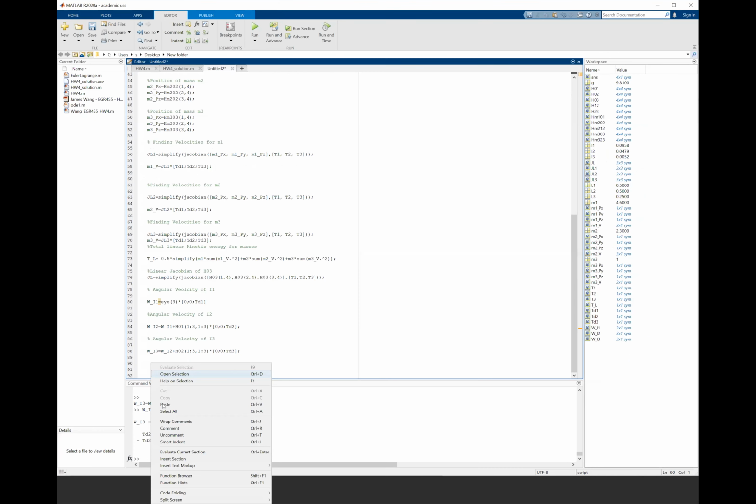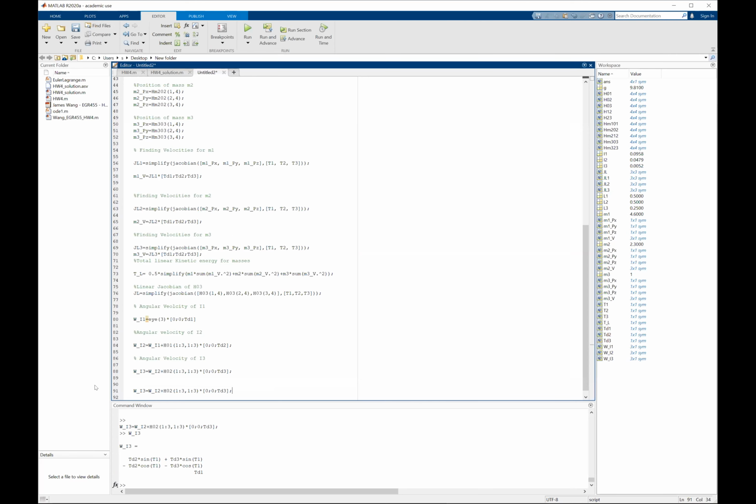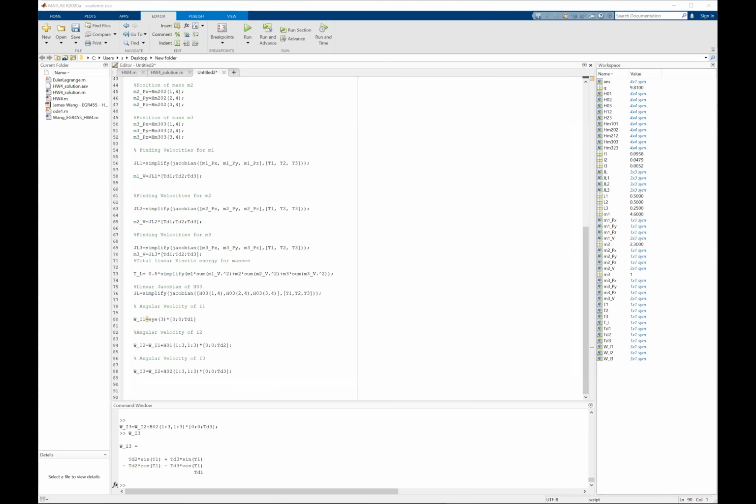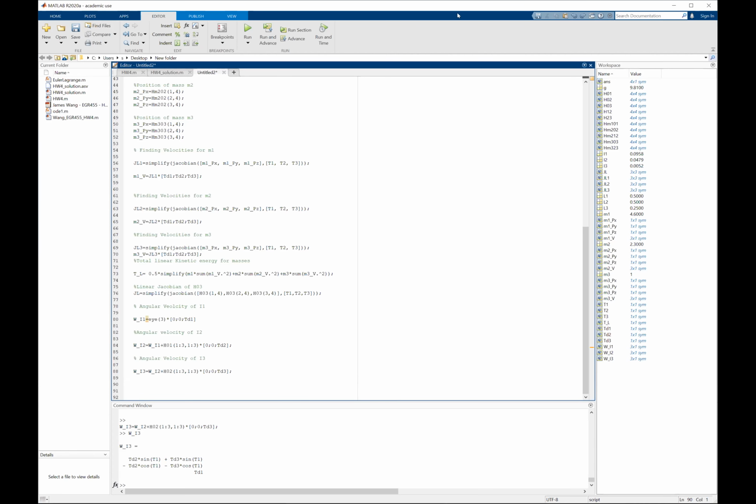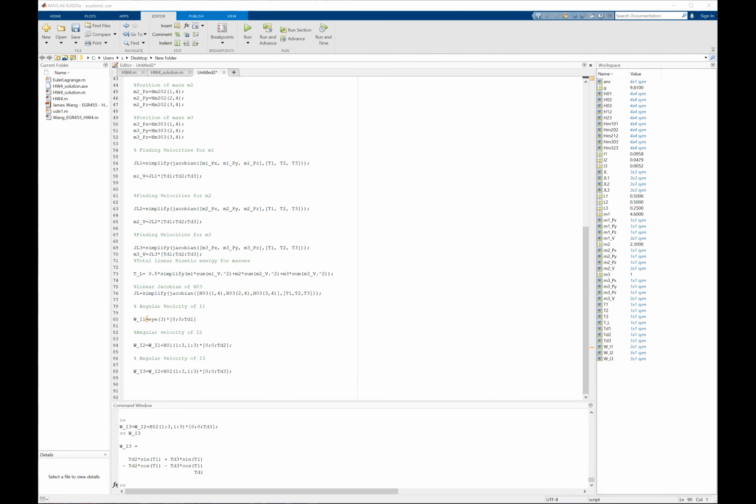I did not use this command earlier, but now I'm going to introduce it. When you use this command, equationsToMatrix, MATLAB will directly give you the solution.